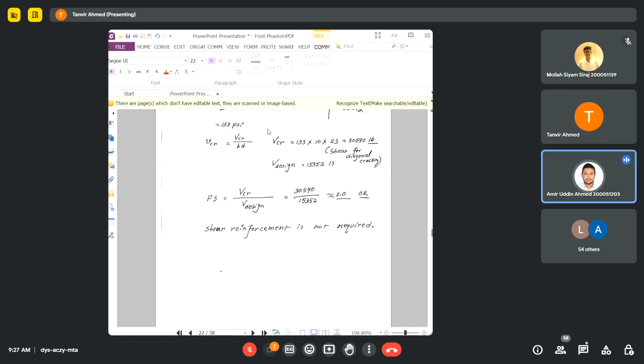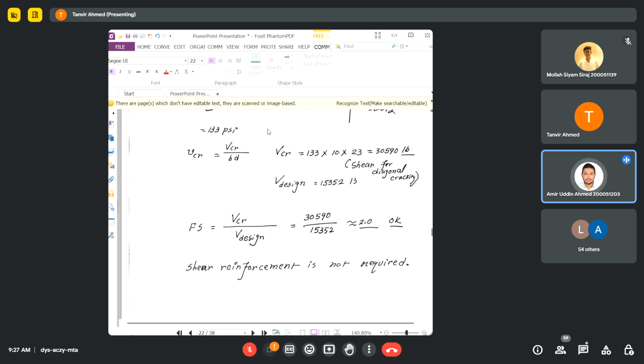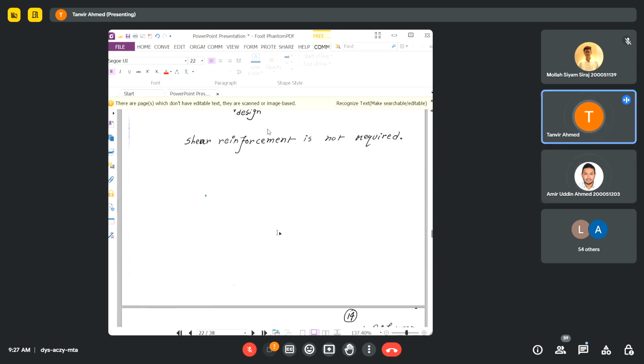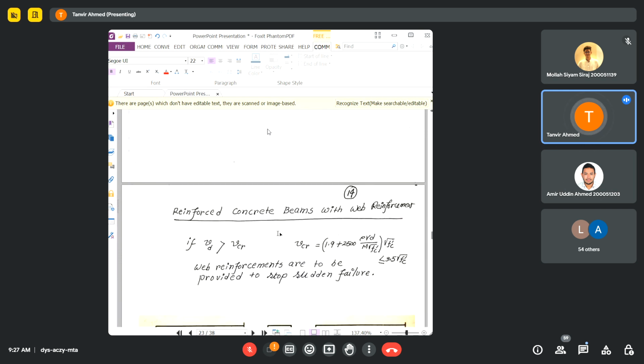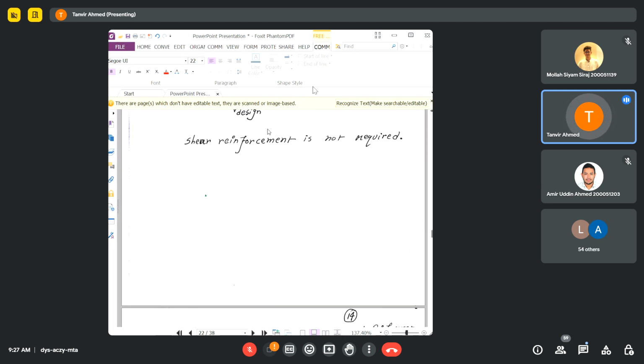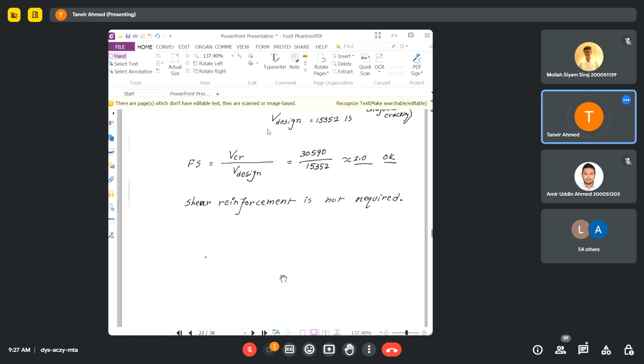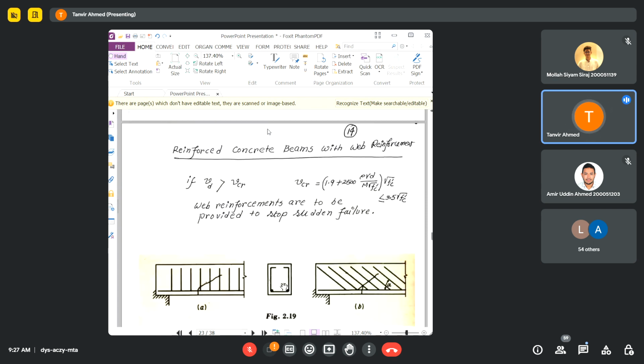Yes, say sir. If the design is satisfied, meaning the V crack is larger than the V design, but the factor of safety is not satisfied, then we need to provide shear reinforcement. We will come to that discussion now. So up to this, all this discussion was without the shear reinforcement. Up to slide 22 all the discussion was without shear reinforcement. Now what will happen if you introduce shear reinforcement? Yes, we will come to that now.